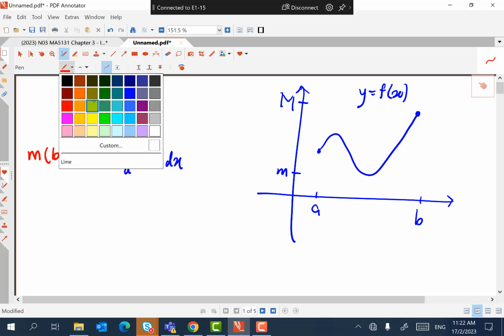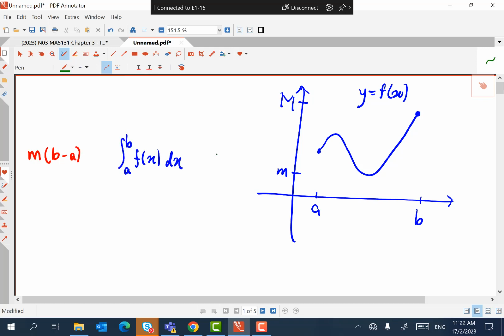There's a red rectangle. There's also the green rectangle. Are the red rectangle and the green rectangle the same? No, one is bigger than the other.